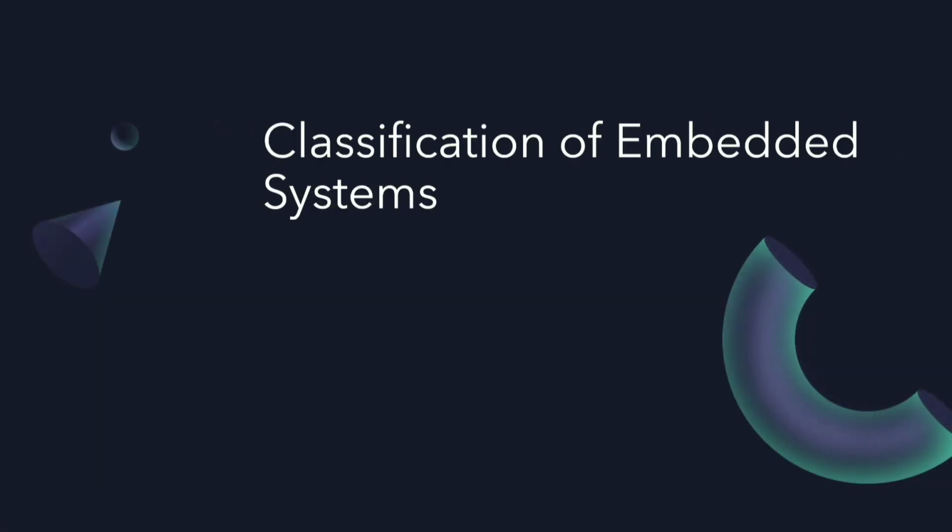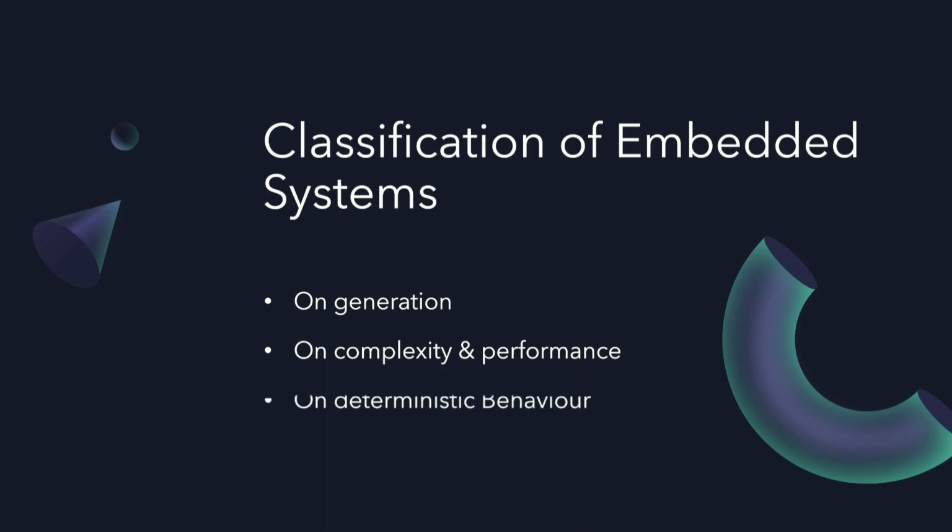Moving to the next slide, we have the classification of embedded systems. Basically, the embedded system is classified based on these four criteria: on generation, on complexity and performance, on deterministic behavior, and on triggering.